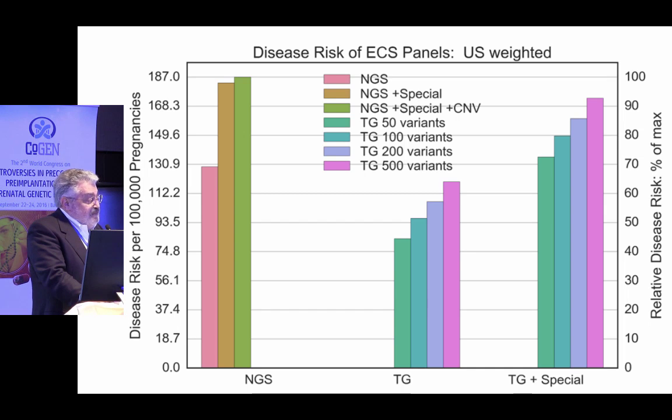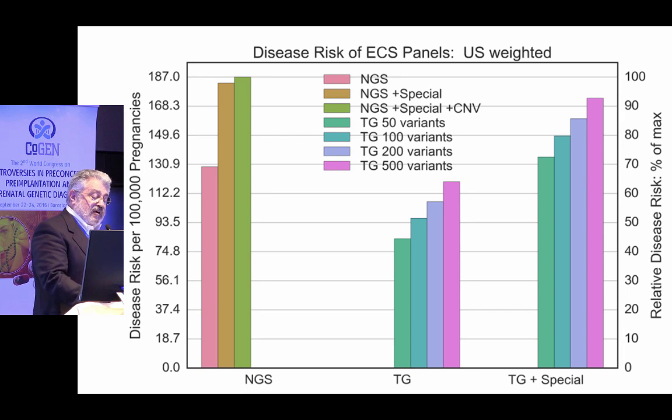So those typically are done by other methodologies, although we're beginning to be able to diagnose those by next-generation sequencing. If you add in those special cases, you can see how it increases the detection rate. And then adding in copy number variants, it brings you almost up to 100% for detection by NGS.